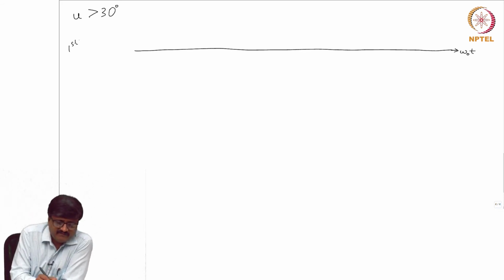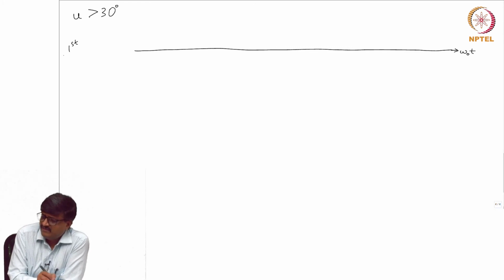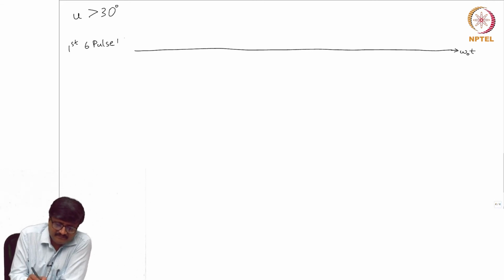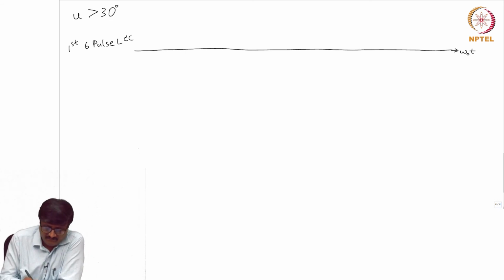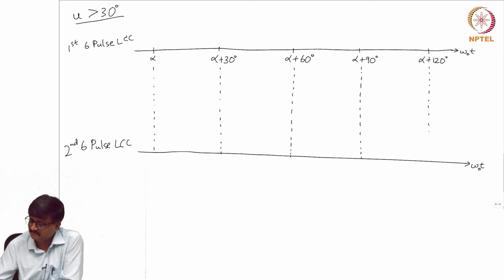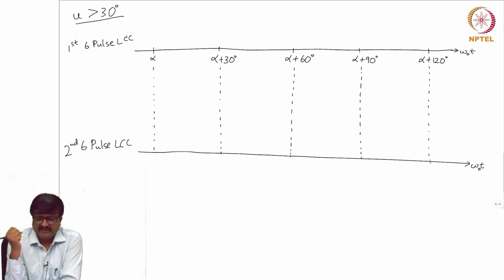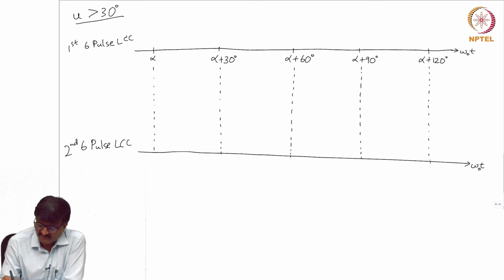I have this one straight line corresponding to the omega t axis for the first 6 pulse LCC. Now, if u is greater than 30 degrees, alpha plus u is greater than alpha plus 30. So, alpha plus u is shown somewhere here.